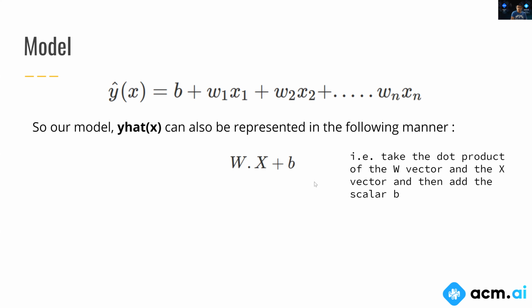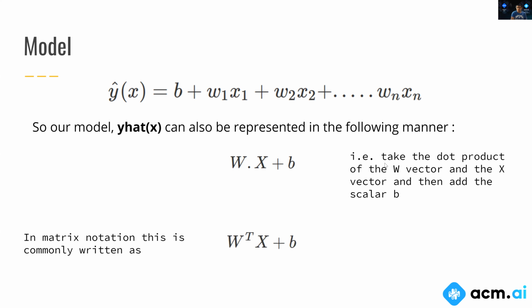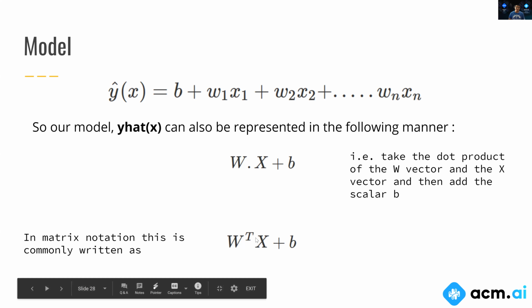And moving on, next one. Since in machine learning most computations are very matrix heavy, there's always, I guess you would say, a preference to use matrix notation in as many cases as possible.